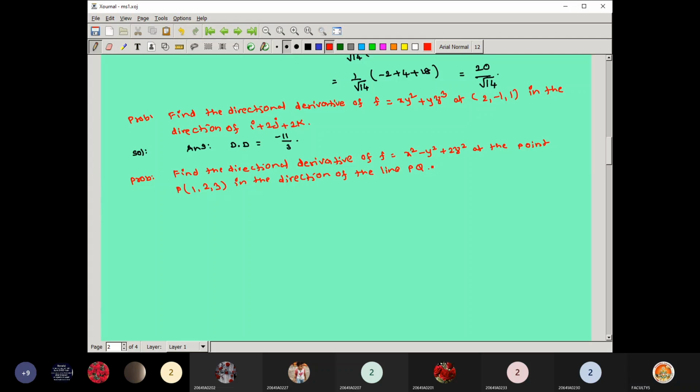So instead of giving a vector, they have given the direction of the line.